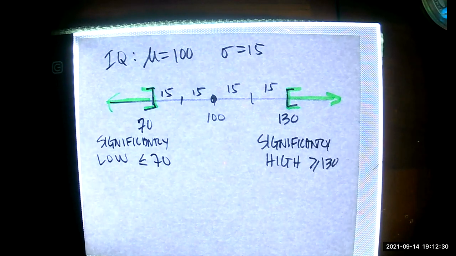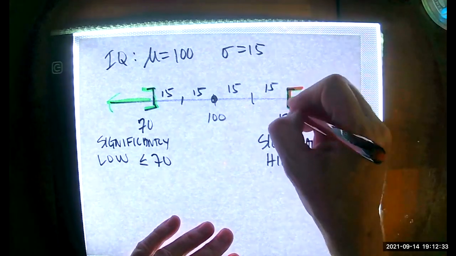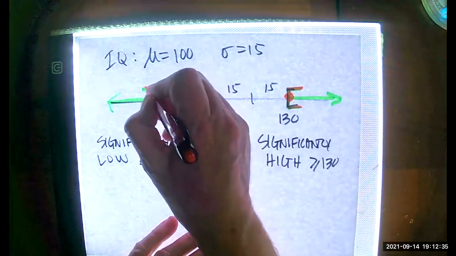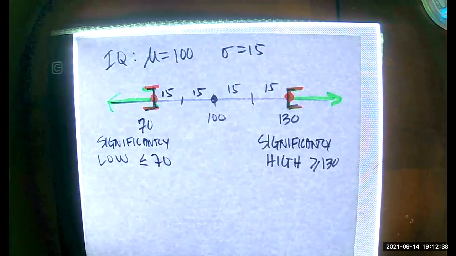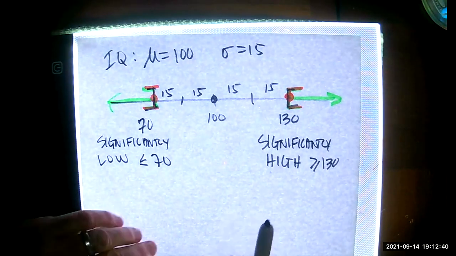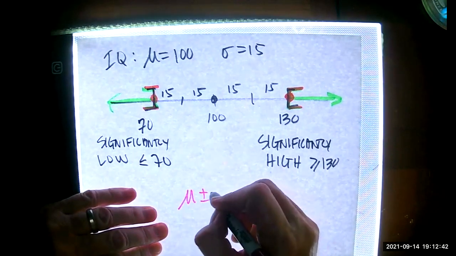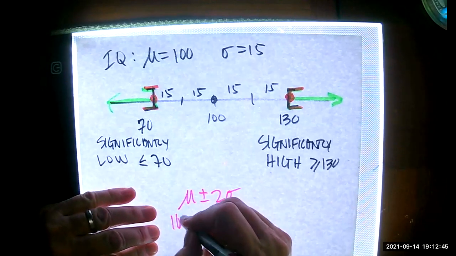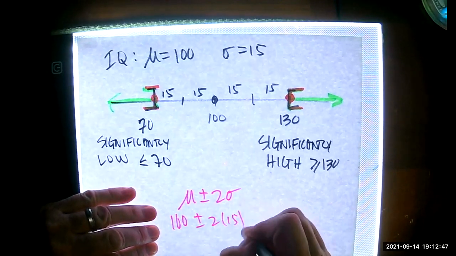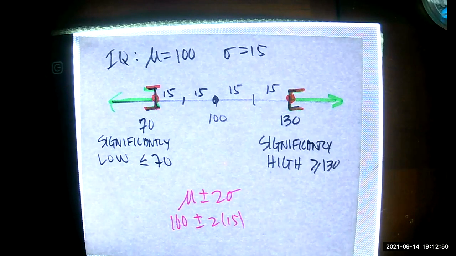It's important to remember that the level of significance does include the actual endpoint there after you've taken your mean plus or minus 2 sigma. In this case, it's 100 plus or minus 2 times 15. And this is a way to identify when something is out of kilter with a mean or perhaps an assumed mean, whatever the case might be.